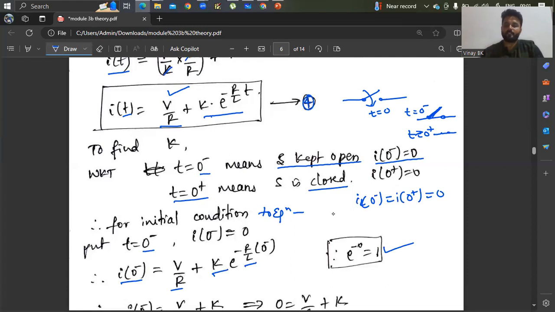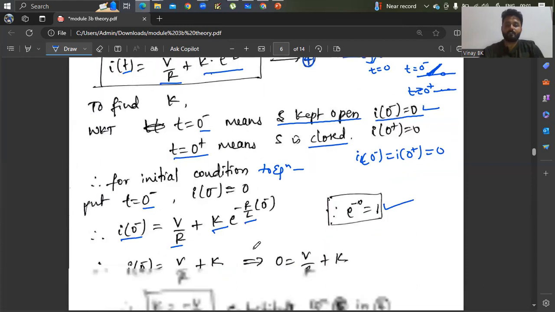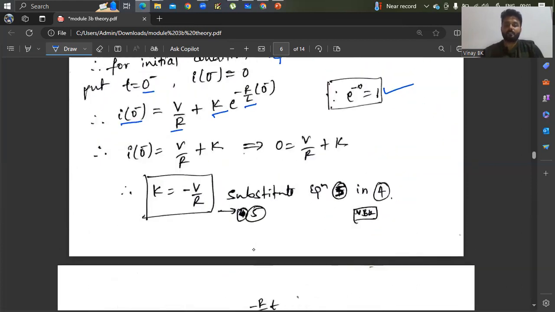I of 0 minus is nothing but 0, so substitute the values. So I of 0 minus is 0, so you can see here 0 equals to V by R plus k into e to the power 0 which is 1, so 0 equals to V by R plus k, so that you can get the value of k, that is k equals to minus V by R, the value of k.